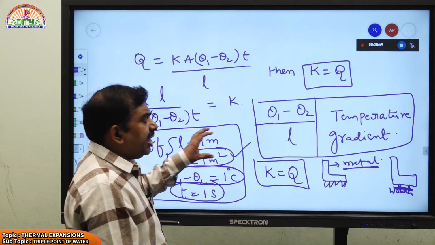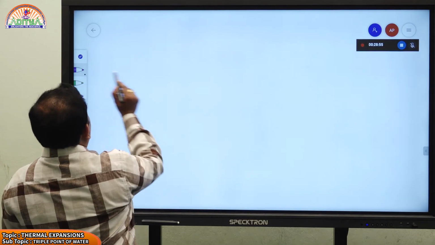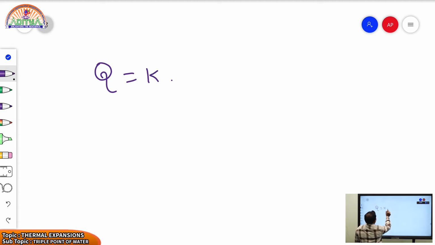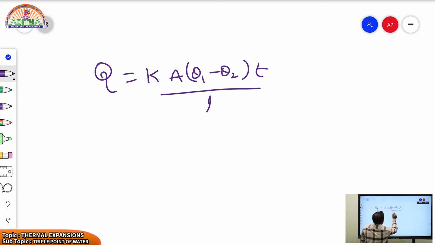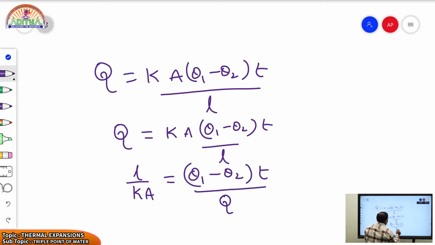Look once again, in the case of thermal conductivity, you are completely dependent on only one formula, that is Q is equal to K A into theta 1 minus theta 2 into T divided by L. Now I will move this K A and L to the other side: L divided by K A is equal to theta 1 minus theta 2 into T divided by Q.